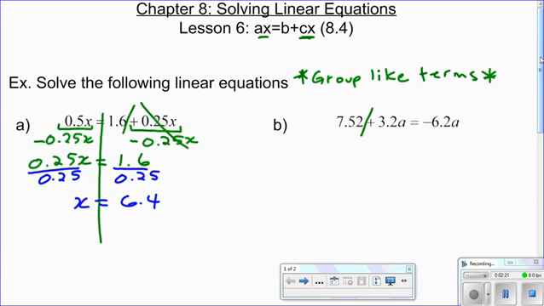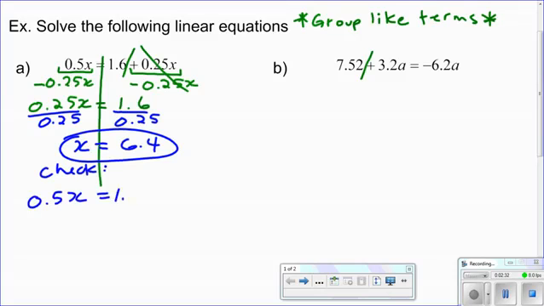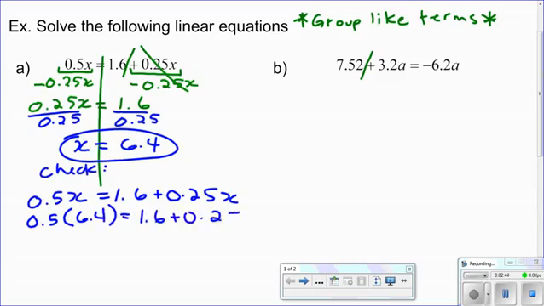This time, if I'm checking, I'm not just substituting once. I'm going to have to substitute twice. So if I'm going to check, I'm going to go 0.5x equals 1.6 plus 0.25x. 0.5 times 6.4 should be the same as 1.6 plus 0.25 times 6.4.